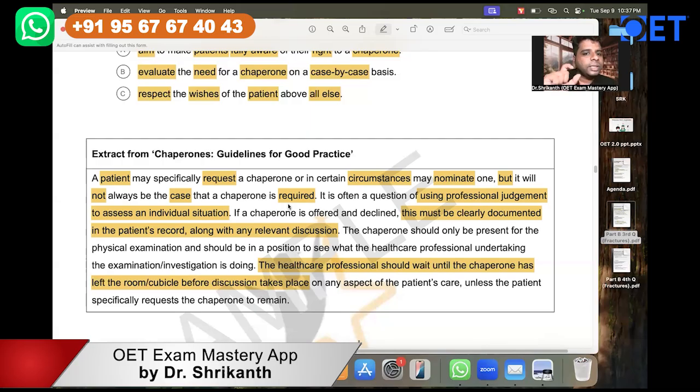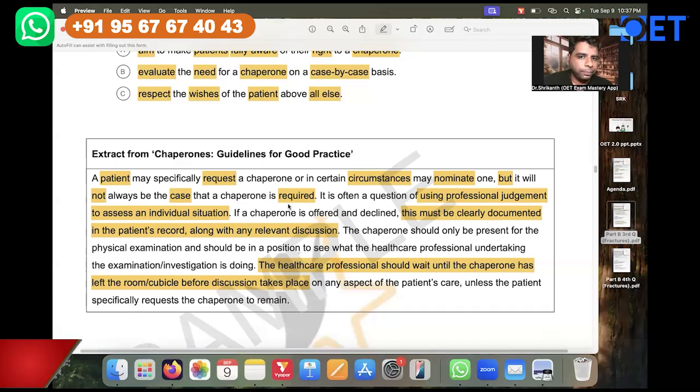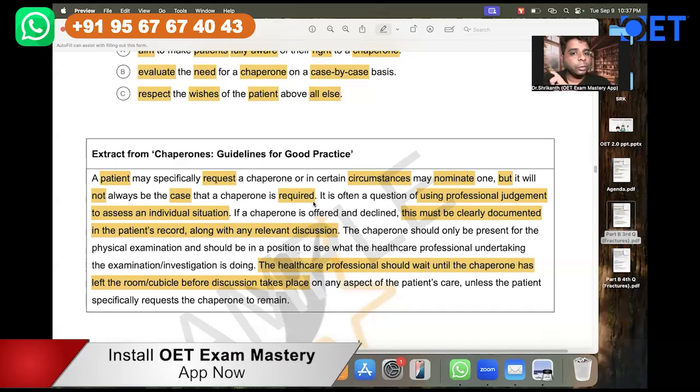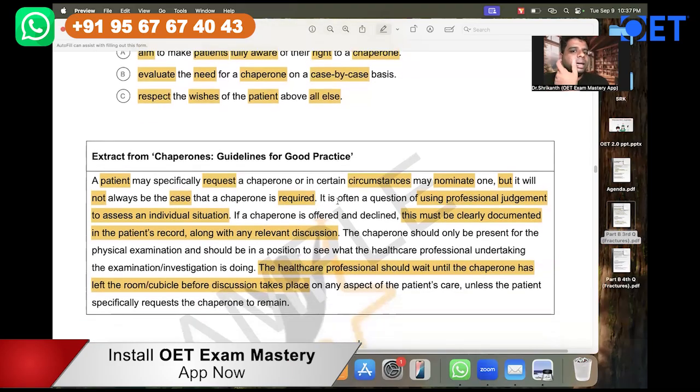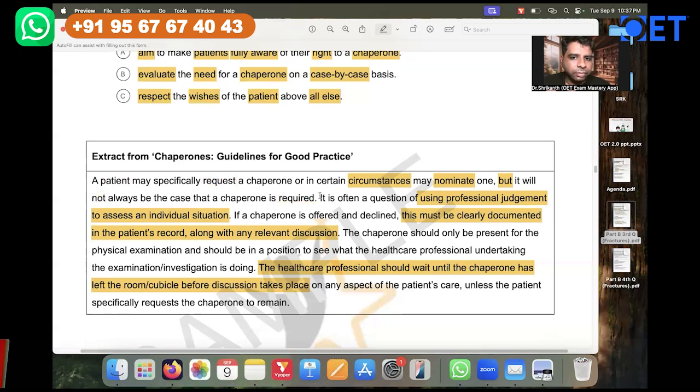Right. Now, who is deciding? So who is the person who decides whether a patient needs a chaperone or does not need a chaperone? Okay, so that person who makes the decision is the healthcare professional. So here they are telling the healthcare professional. So that is why I highlighted this particular information over here.